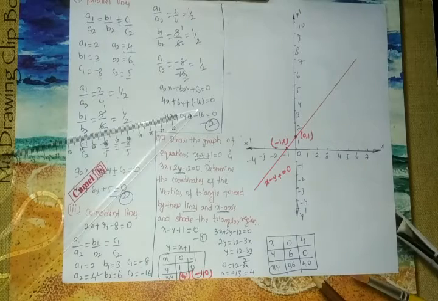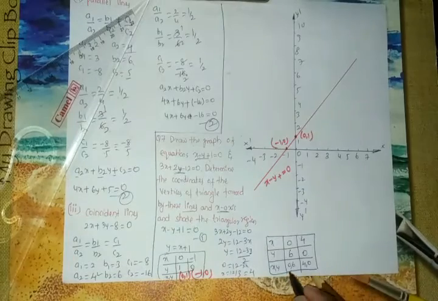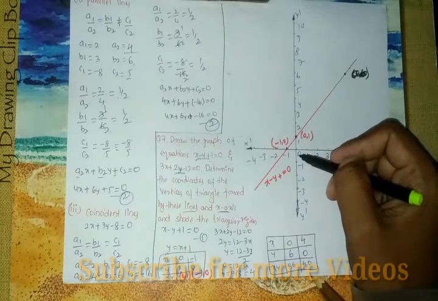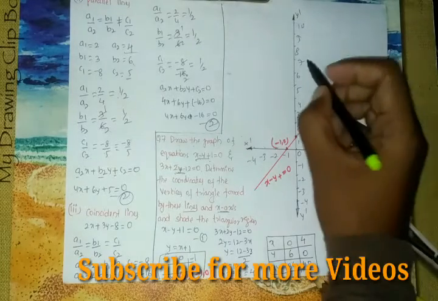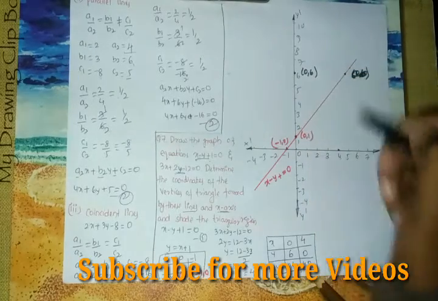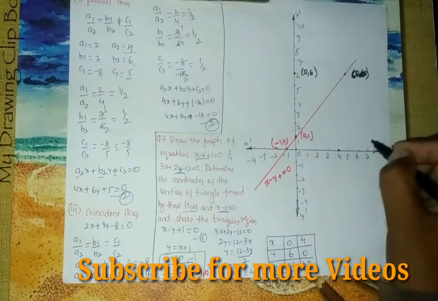And the second equation, 3x plus 2y minus 12, has the coordinates 0 comma 6. When x is 0, y is 6. That means this is the point. And when x is 4, y is 0. This is the second point.